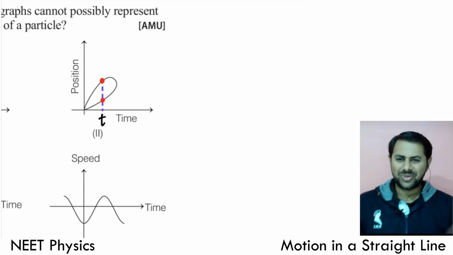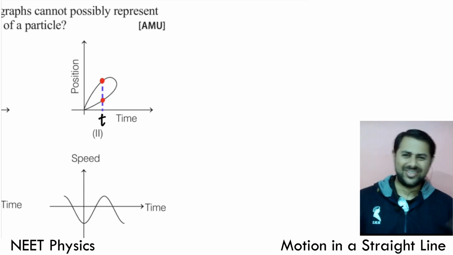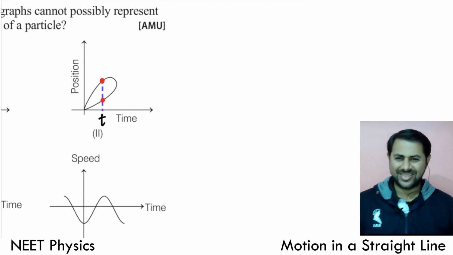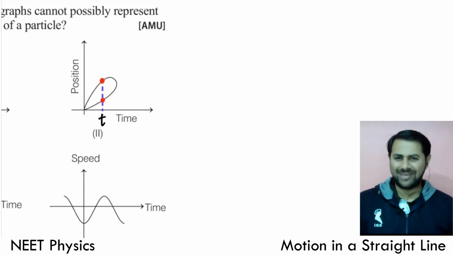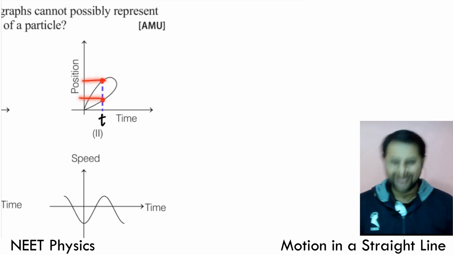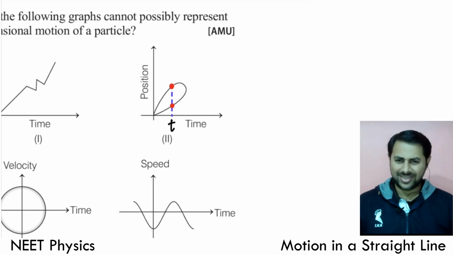So it is not possible for real objects. Objects in real life can't be present at two different positions at the same time. So this graph cannot represent motion along a straight line.